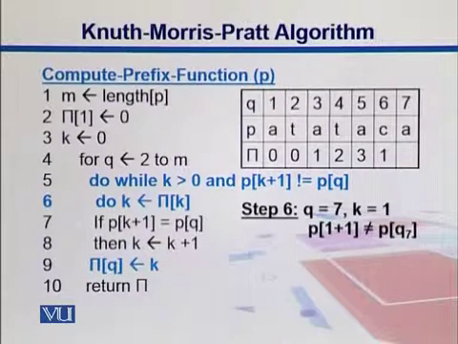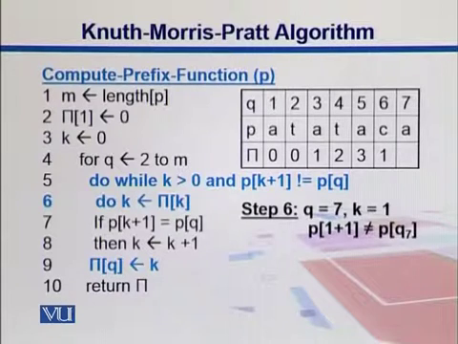So step 6, now our Q increments to 7. K in the previous step was 1. So now we are comparing the second element here, P of 1 plus 1, which in the algorithm was K plus 1. Was that equal or not equal? So P at position number 2, which was T, is it equal to this value at position number 7, that is A?